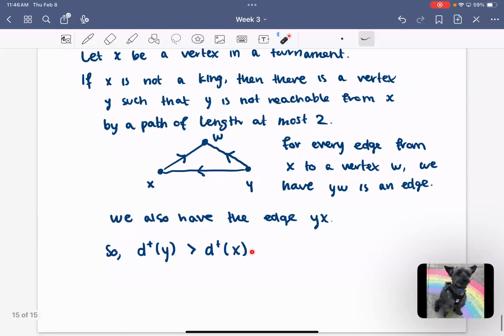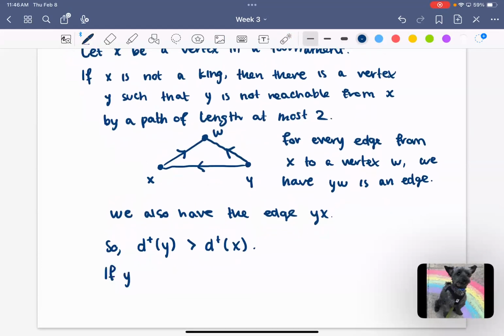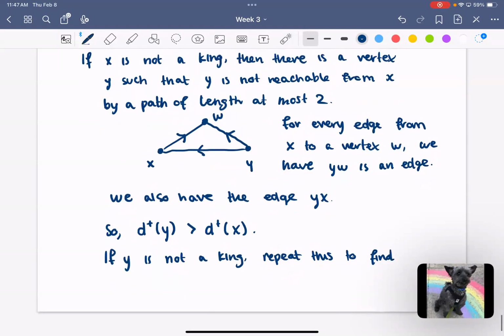So then if Y is not a king, then we'll repeat this to find yet another vertex, Z, that has larger out degree.